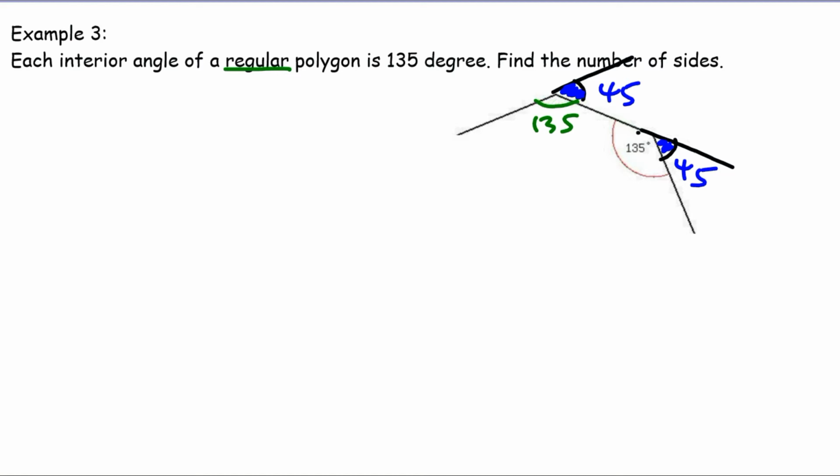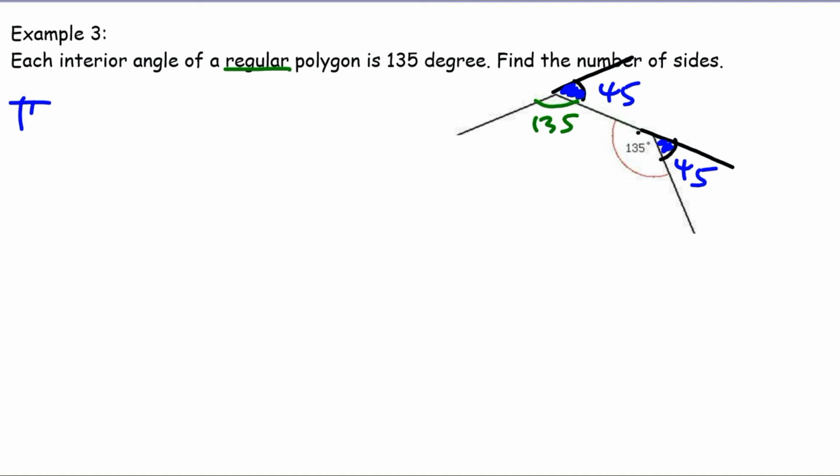So each exterior angle is 45 degrees. So let me just make a statement here for your notes. The interior angle and its corresponding exterior angle always add up to 180 degrees, as you can see here. 135 plus 45, 180.